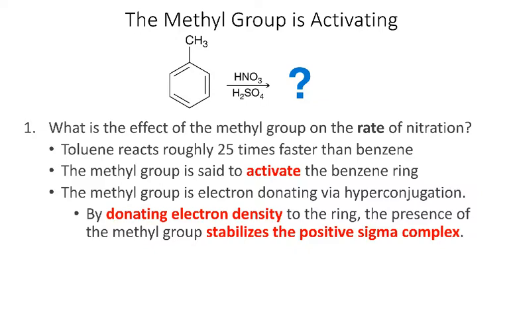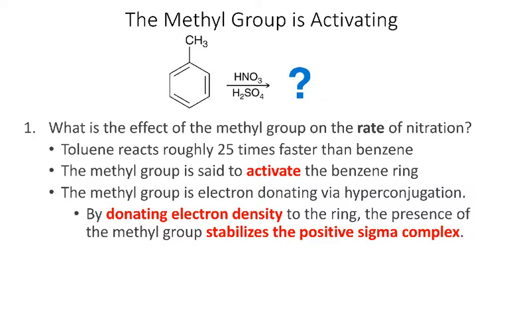The explanation for this is that in the mechanism of electrophilic aromatic substitution, we create this positive sigma complex. The methyl group is able to donate electron density to the benzene ring via hyperconjugation. By donating extra electrons, that stabilizes the positive sigma complex, and that makes the reaction go faster.